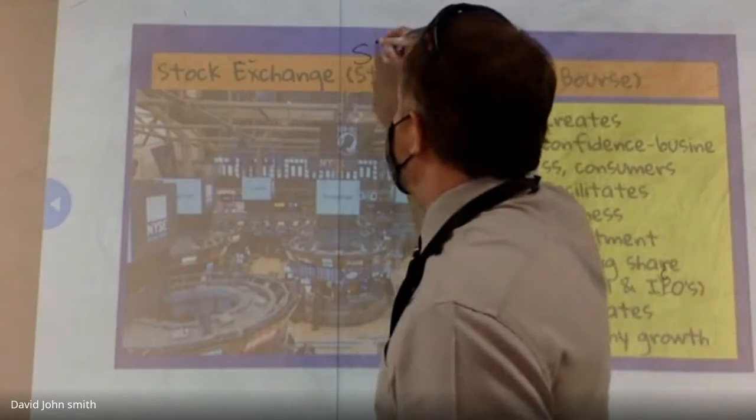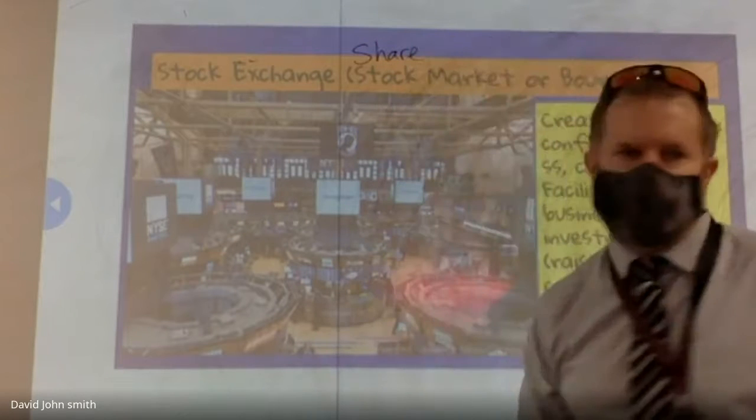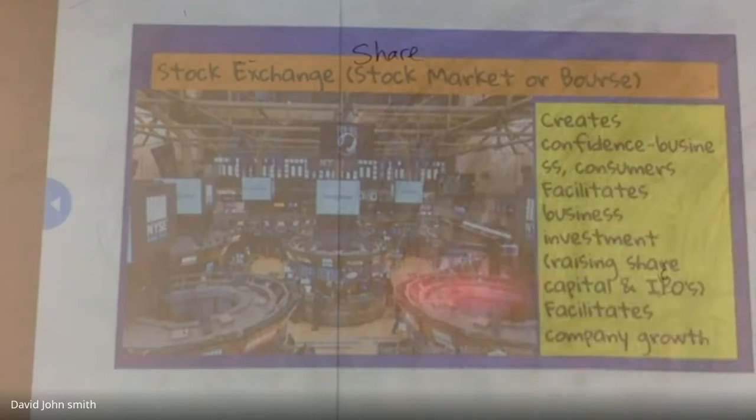Sometimes called a share market. The word stock and the word share are going to mean the same thing in this context. So stock exchange, stock market, share market all mean the same thing.